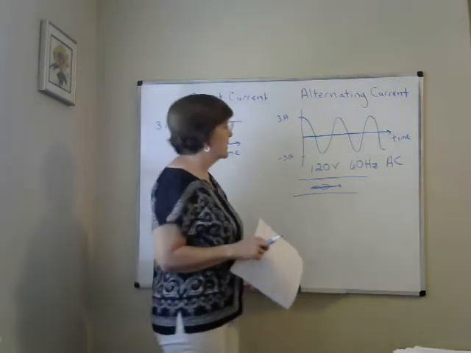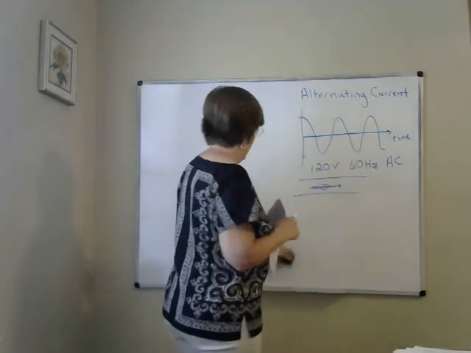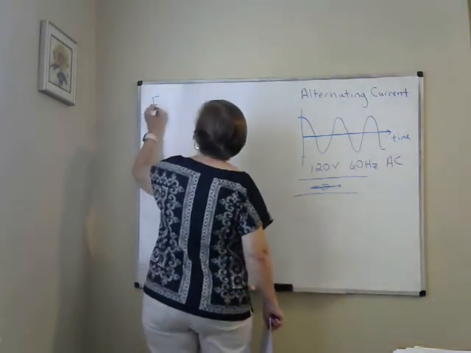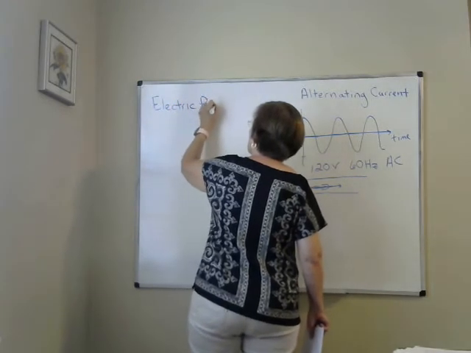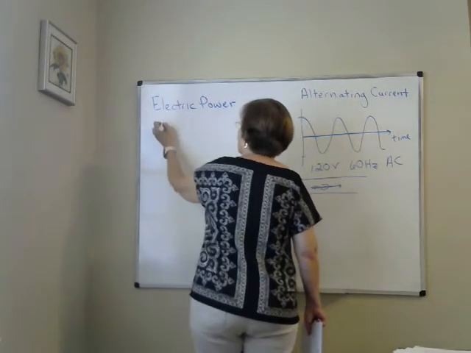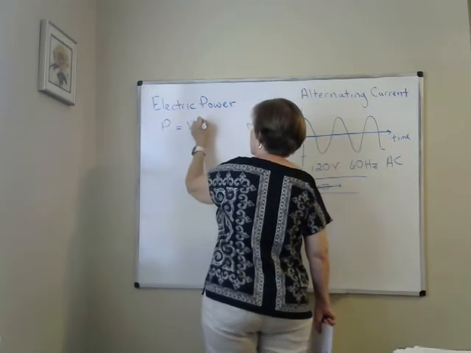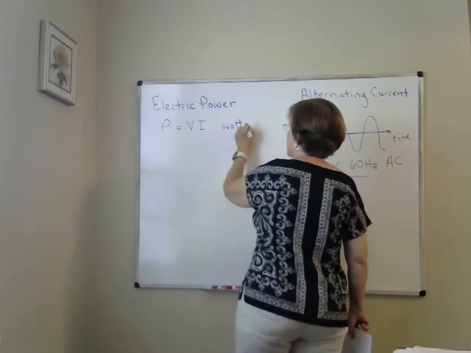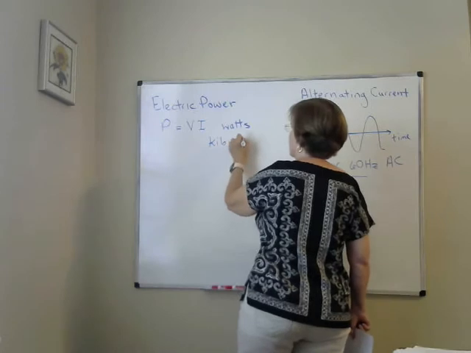So how do we even measure this? Well, electric power is given by the formula that power equals the voltage times the current. And we measure it in watts, or often kilowatts. What's a kilowatt?